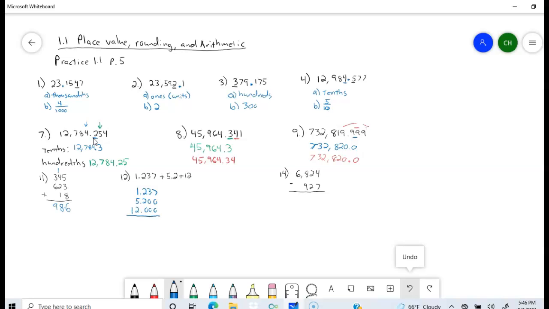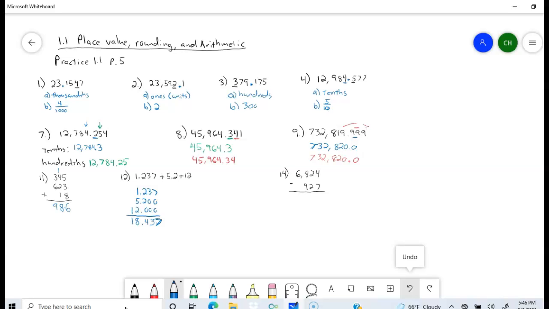So I've lined all my decimals up. 7 plus 0 plus 0 is going to be a 7. 3 plus 0 plus 0 is going to be a 3. 2 plus 2 is a 4. Bring my decimal. 1 plus 5 is 6, plus 2 is 8. And then bring my 1 down. So we should have 18.437 on that one.